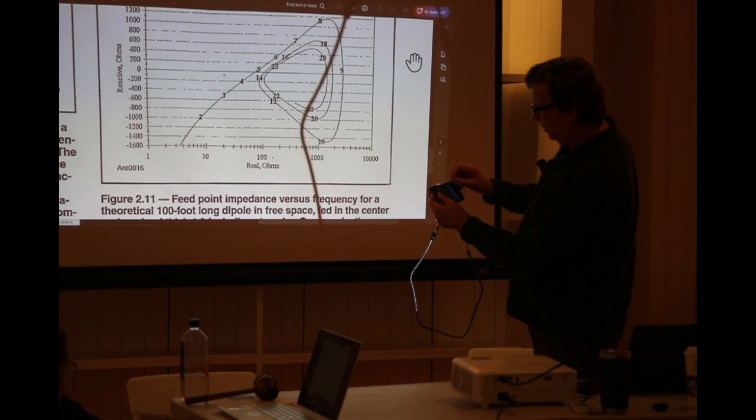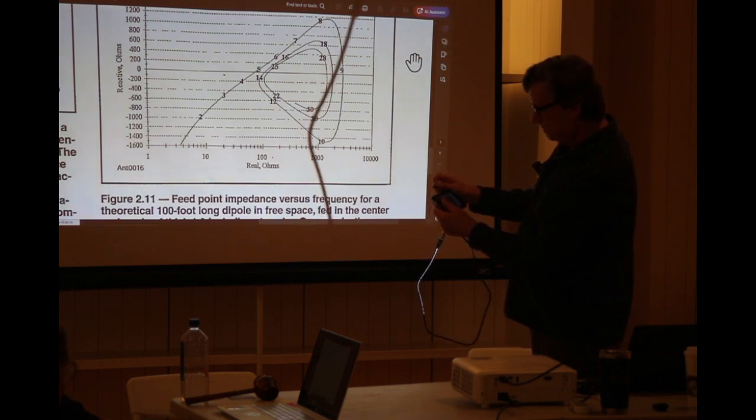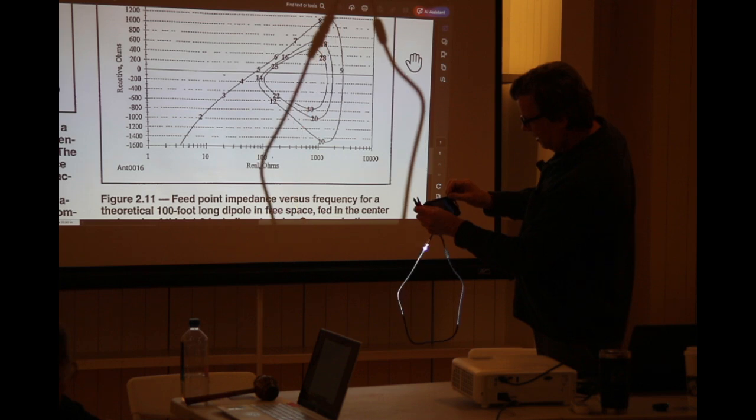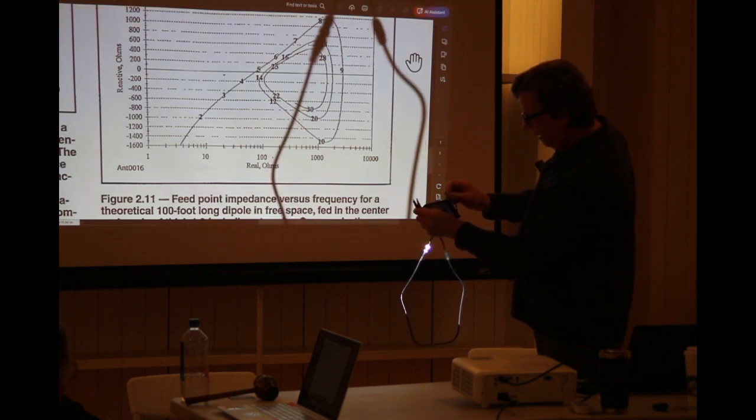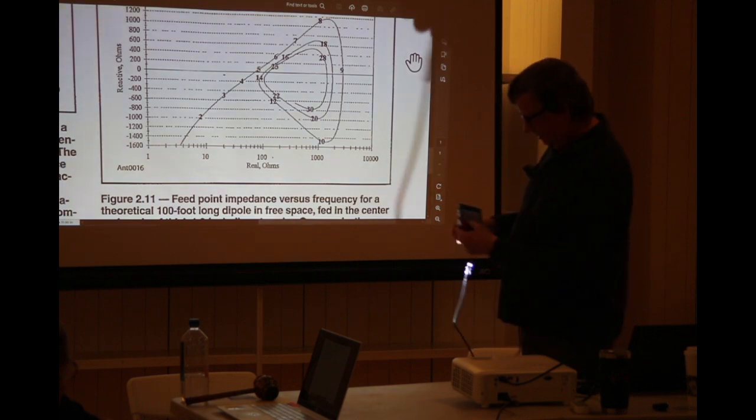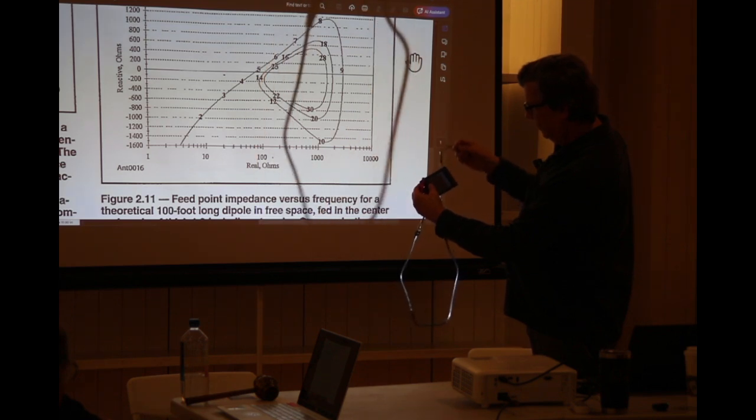Then we go to calibrate, and we do the open, and I have an open circuit here. Again, we keep them as close together as possible. Hit open, and then I short these together, and then hit short.